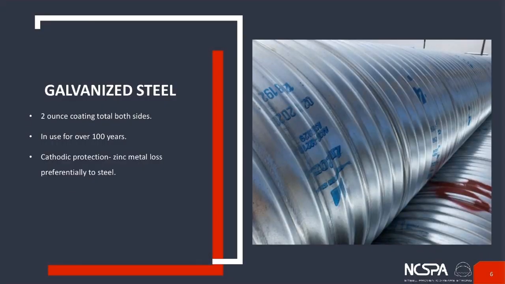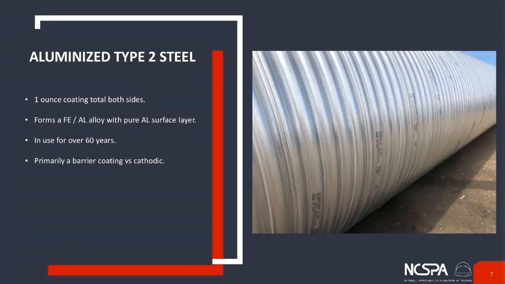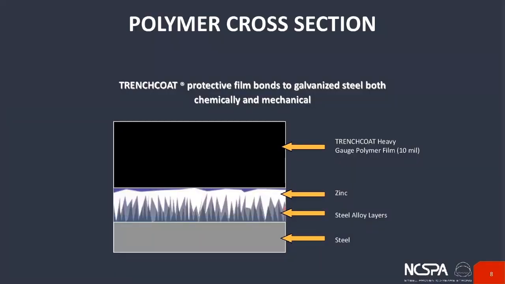In reviewing each of these coatings, we covered the material specifications that have been developed, the decades of research that have been conducted, and the types of protection they each provide. From the cathodic protection provided by zinc to the barrier coating of aluminized type 2 to the environmentally resilient polymer laminated coating resulting from the strong chemical and mechanical bonds developed during the laminating process.